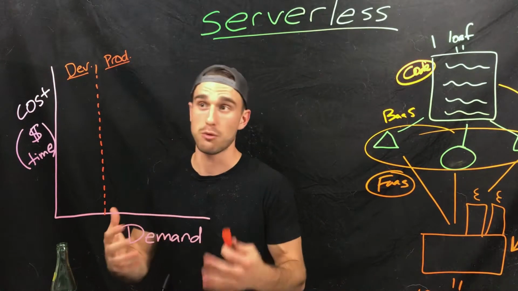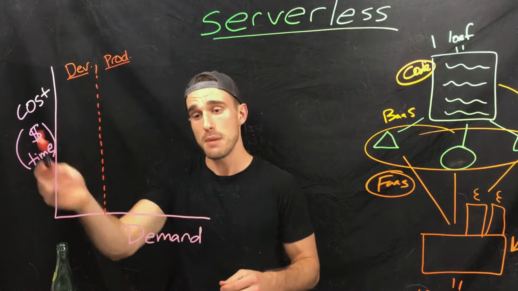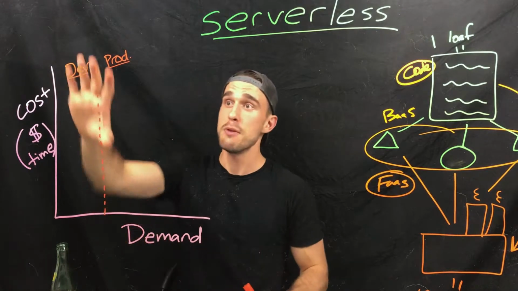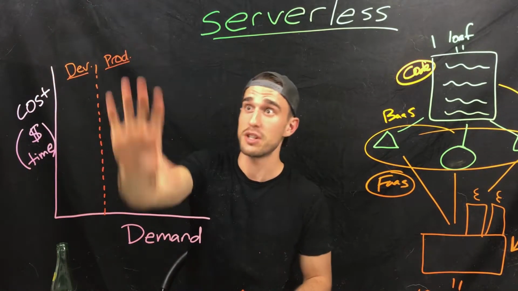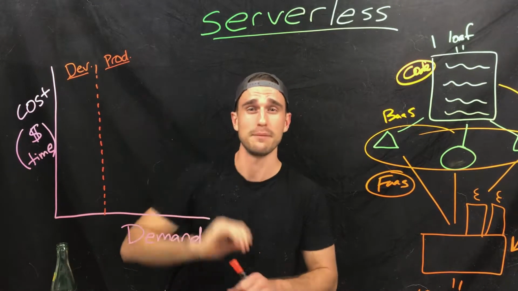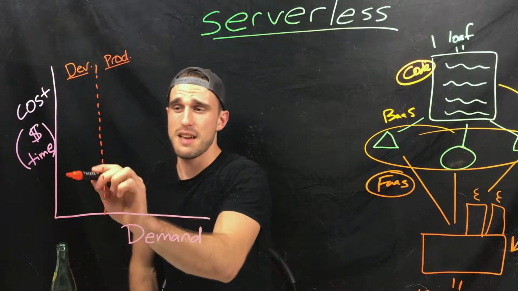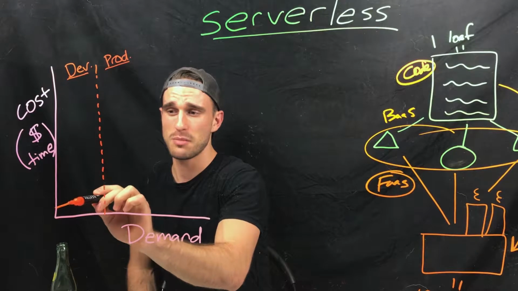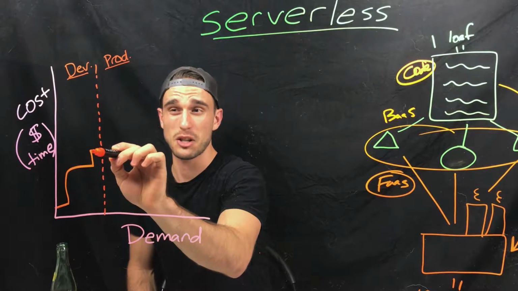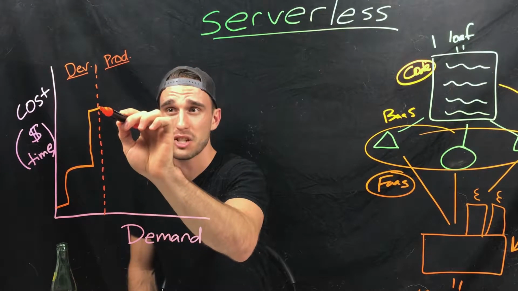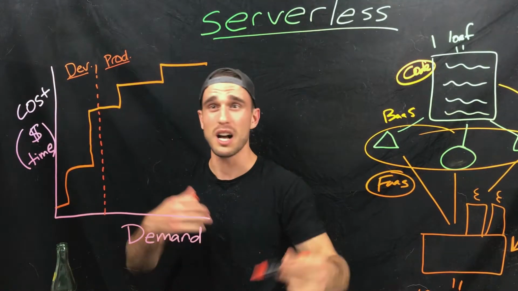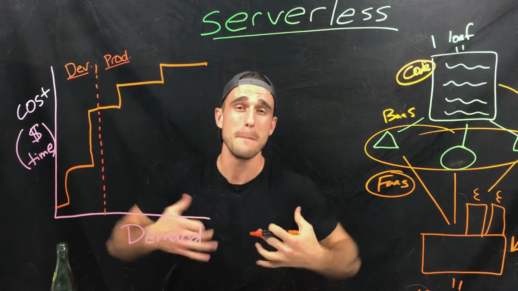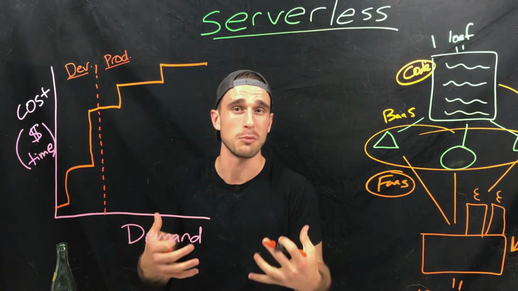If you have a graph right here where you have the cost of time and money and you have the rising demand, you have things staged into the development environment before it's released and then in production once you've released it to the market. In the traditional sense, if you're releasing the app and you're doing some development here and you're guessing to make sure you have enough resources, when you hit production, you're just gonna have to keep going up and up and up with the cost of time and resources to make sure you're meeting the demand for your customer base.